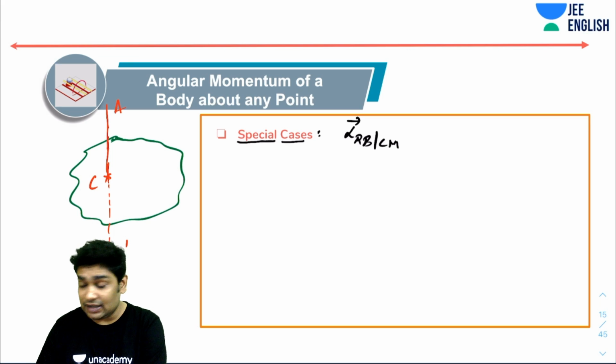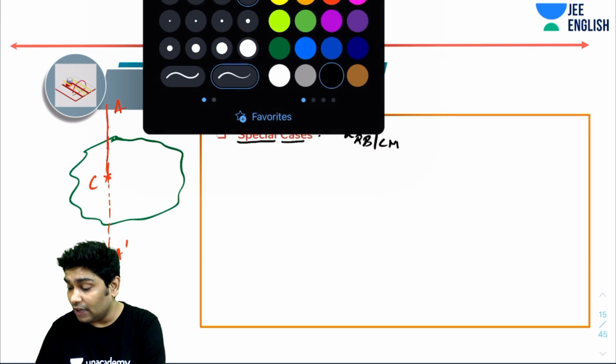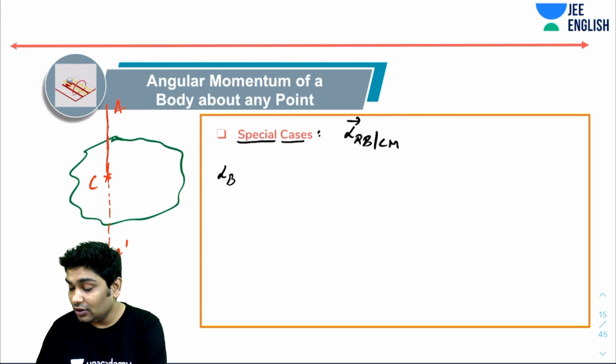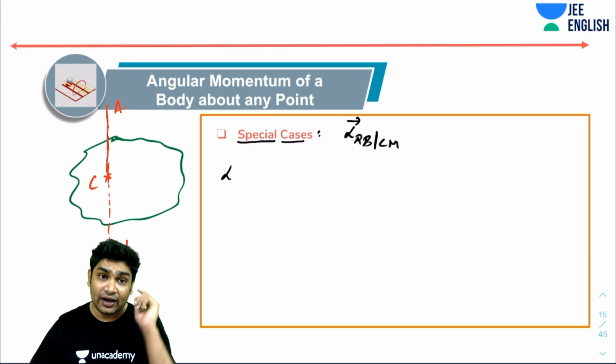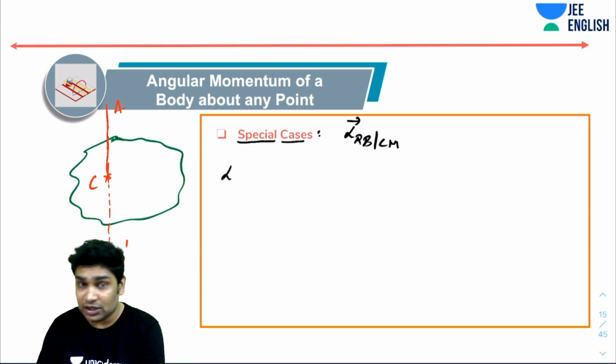Now you will realize, how do we write the angular momentum of the rigid body? I will consider this rigid body to be made up of infinitely small point masses.